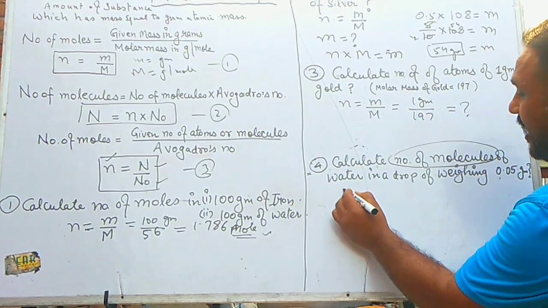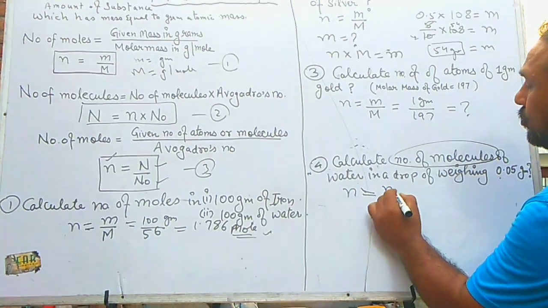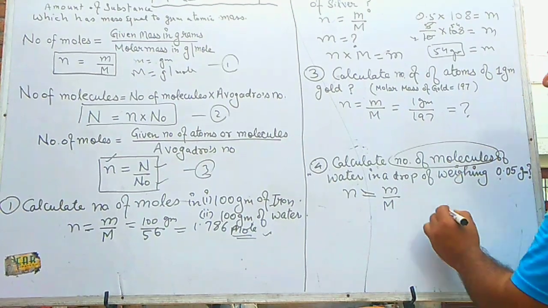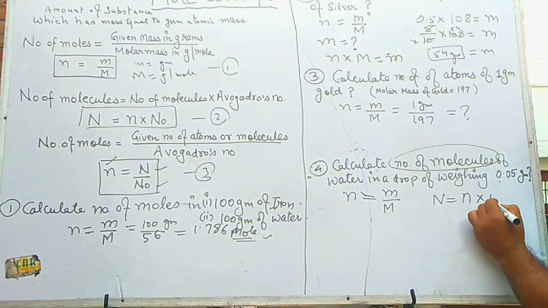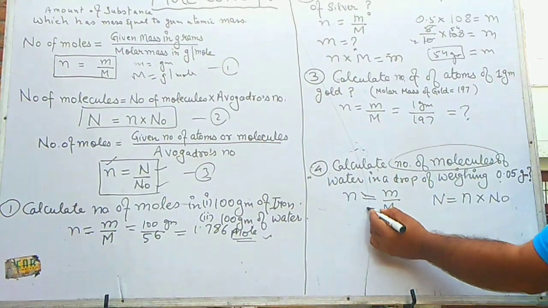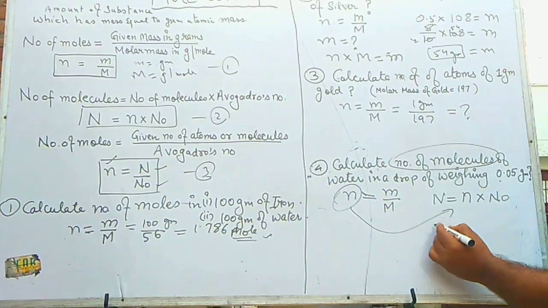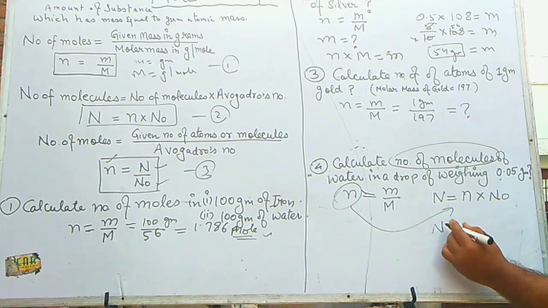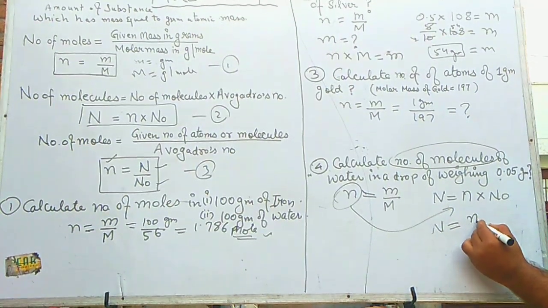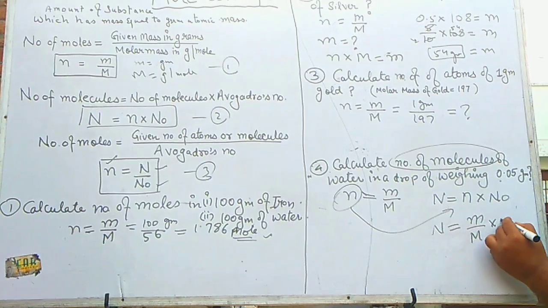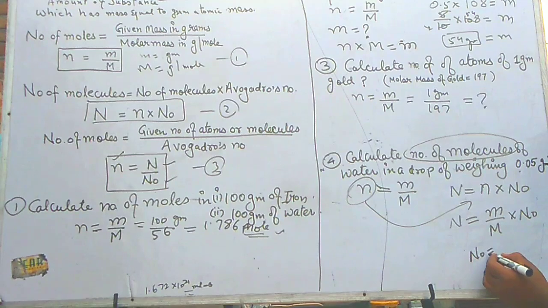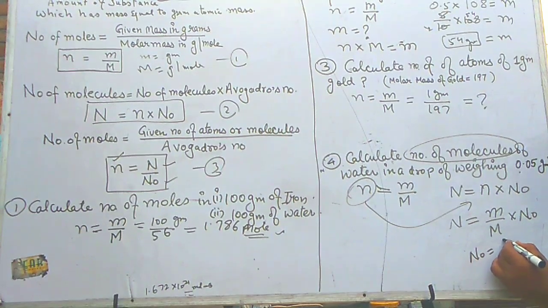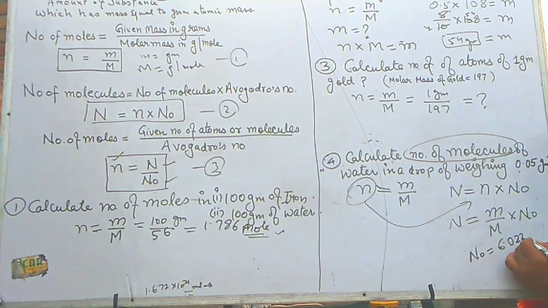So n equal to small m over capital M, and the second formula is capital N equal to small n into N naught. Put the value of n in this and you will get capital N equal to m over M into N naught. N naught is the Avogadro number. What is the value of Avogadro? It is 6.022 into 10 to the power 23.